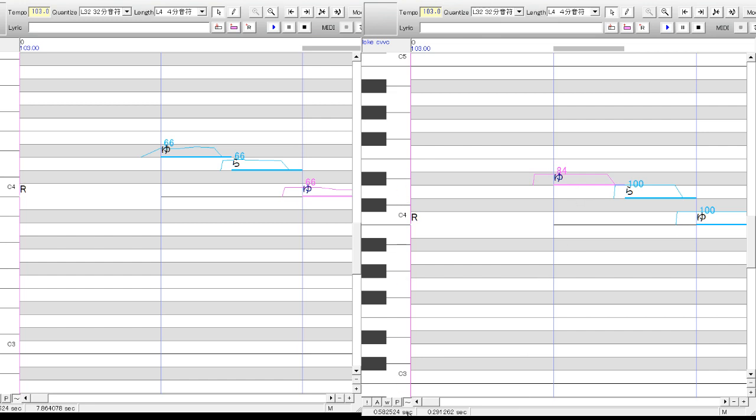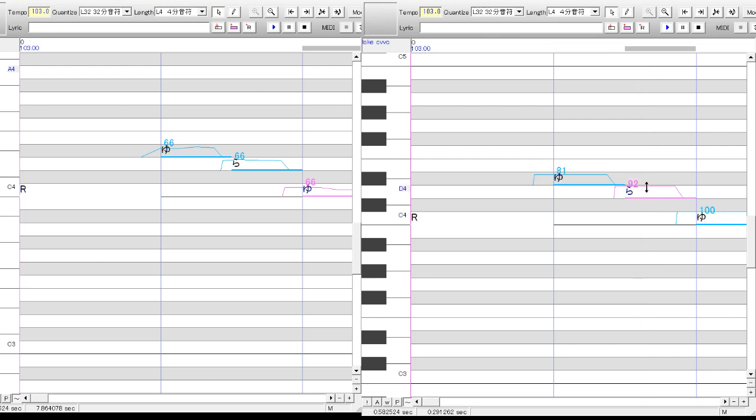Let me make sure. Oh, I forgot. Yeah. So this time I remembered to use the vowel utility after I reset all of the envelopes.